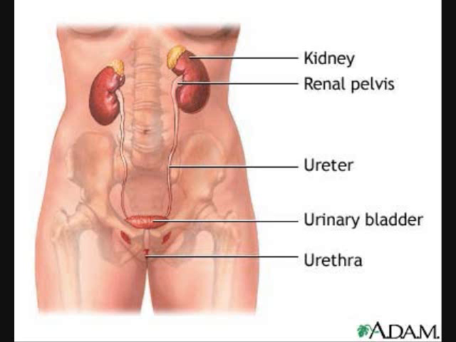Normally, urine and all of the organs and structures of the urinary tract are sterile and contain no microorganisms. However, infectious microorganisms can get into the urinary tract from outside the body through the urethra and cause urinary tract infections. Infectious microorganisms can also travel through the bloodstream from other parts of the body to cause urinary tract infections.